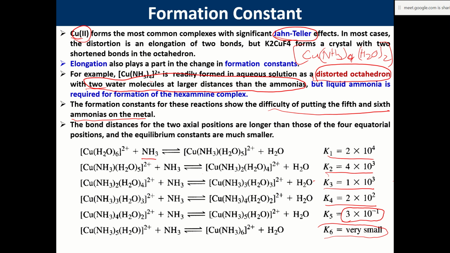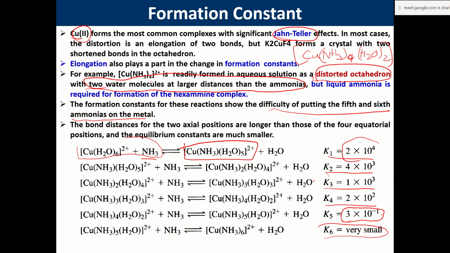So the products are less than the reactants at equilibrium. When K is positive and has a high value, such as here 10 to the power 4, it means that the product, that is the complex, is much greater in concentration, 10 to the power 4 times greater at equilibrium, compared with the reactant.